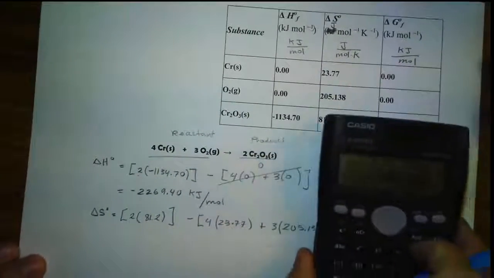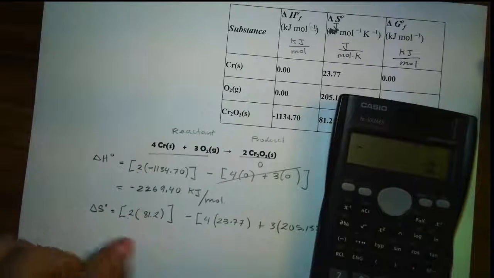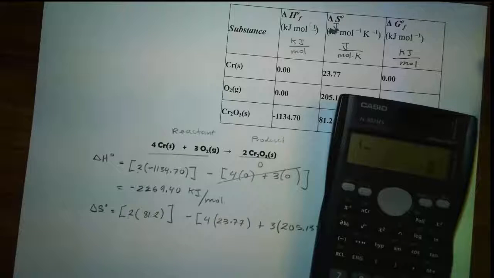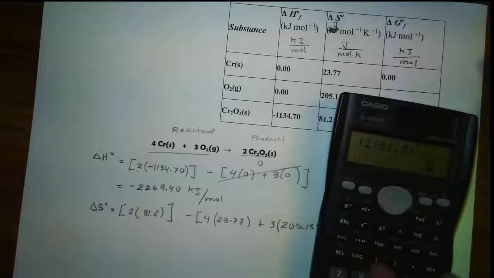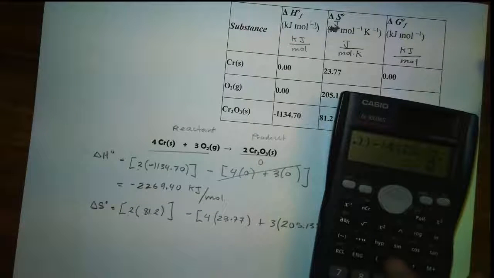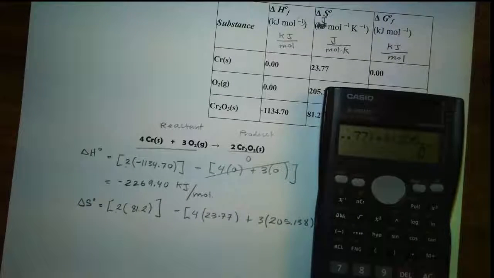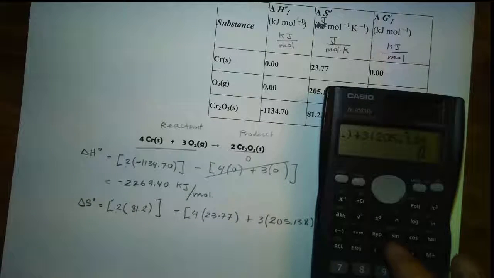Now I just plug into the calculator. And notice how I have the caret symbol, right? When you see that, you just assume that is a parenthesis there. So 2 parentheses 81.2 parentheses minus parentheses 4 times 23.77 parentheses plus 3 times 205.138 parentheses.